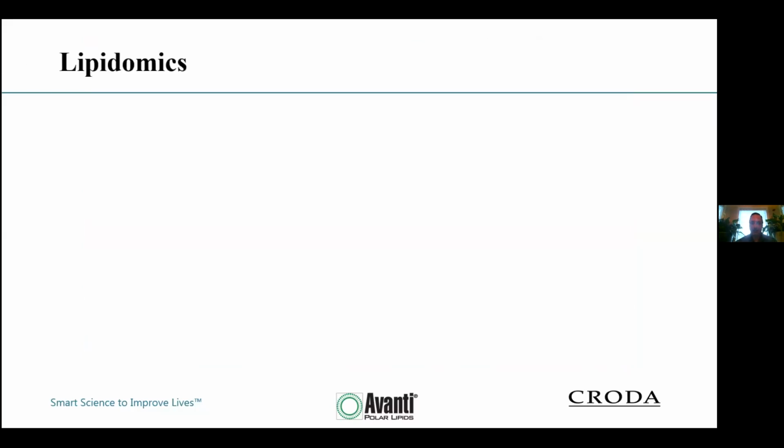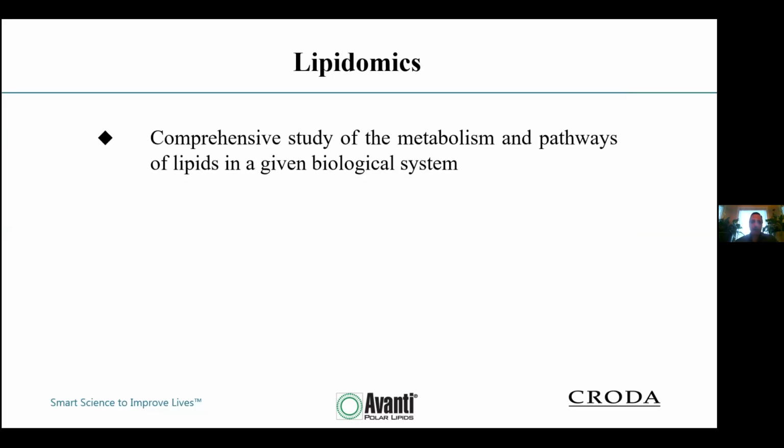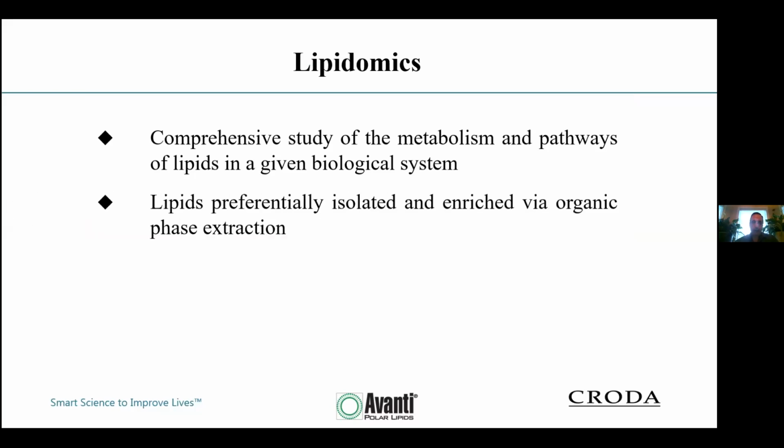And so that's when we decided to dive into lipidomics, right? Where we wanted to do a comprehensive study of the metabolism and pathways of all the lipids in a given biological system. And so what we want to do is preferentially isolate and enrich those lipids via an organic phase extraction.